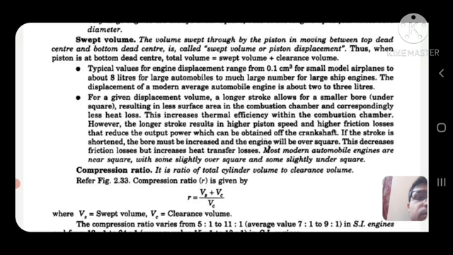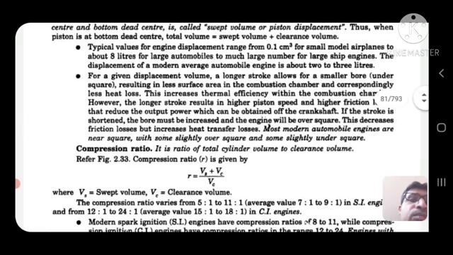Typical values for engine displacement range from 0.1 cm³ for a small model airplane to about 8 liters for a large automobile, to a much larger number for a large ship engine. The displacement of a modern average automobile engine is about 2 to 3 liters.